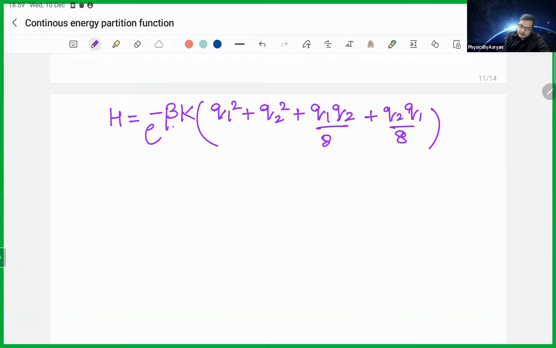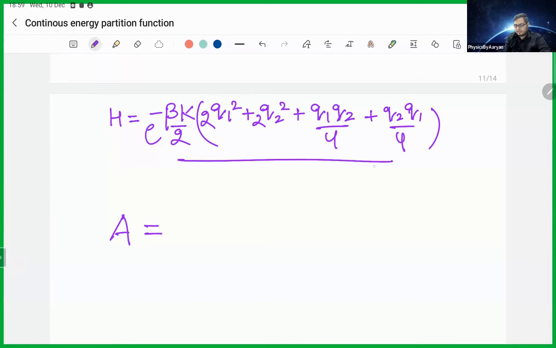Okay, I need half here. If I need half here, I have to multiply and divide by half. So this will be 2, this will be 2, this will be 4, this will be 4. Because if I multiply by 2 across, I get this. And then I make my matrix A.